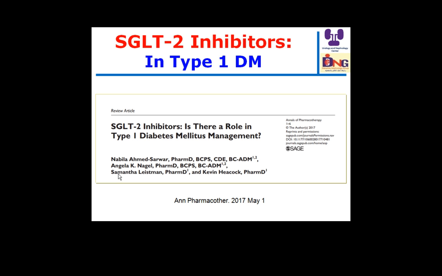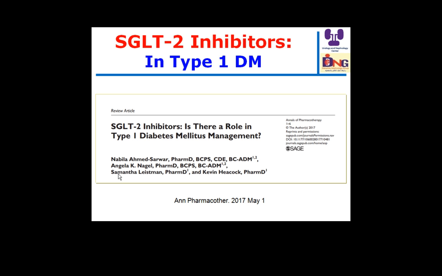In type 1 diabetes, in my previous video about sodium glucose cotransporter 2 inhibitors last March, I mentioned that these drugs shouldn't be used in type 1 diabetes, and I presented a case of mesenteric ischemia and resection and stenosis of the intestine because of adding a sodium glucose cotransporter 2 inhibitor to insulin.